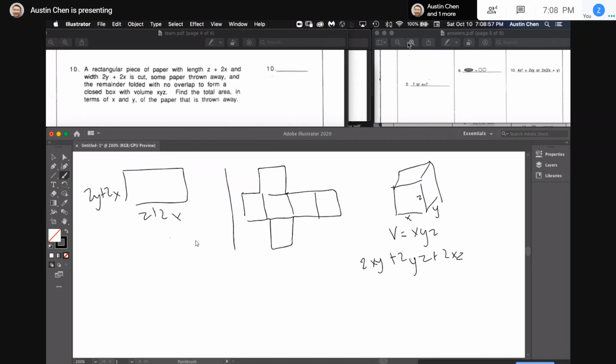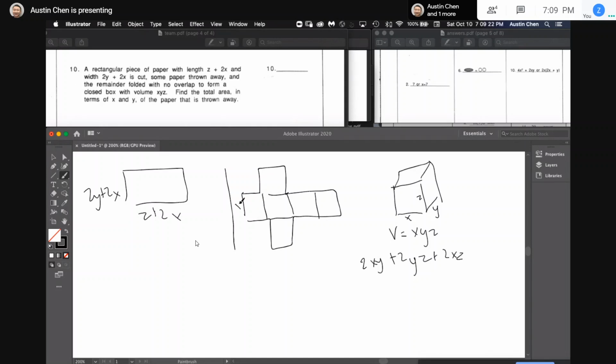So let's think about unfolding this into this kind of shape. We're going to take this top rectangle and fold it out. So this top rectangle is going to be this rectangle right here.